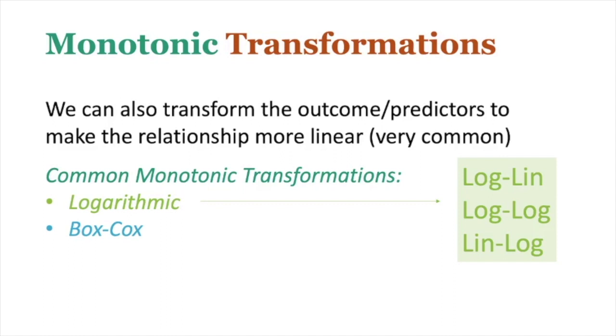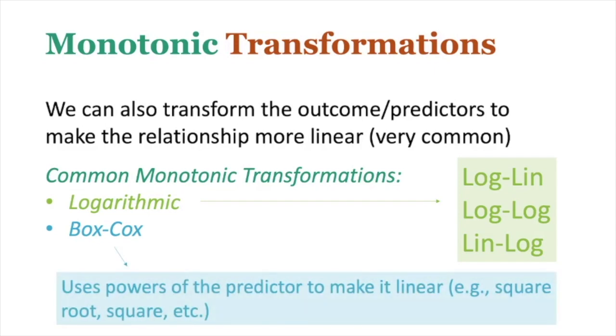Log-log says we're transforming the outcome and the predictor with a log transformation. And then lin-log is saying that the outcome is linear, but the predictors are log transformed. Depending on what you pick is going to influence how well the assumptions are met, how well a line fits the data, and how you interpret it.